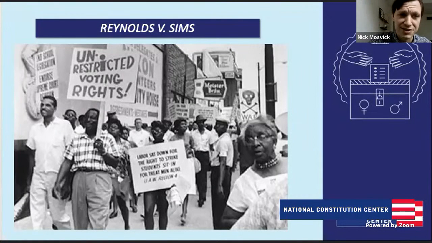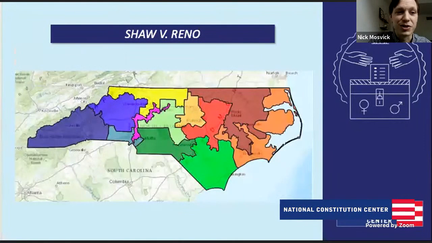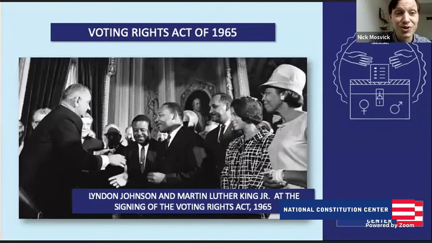There's a series of other cases, including Baker versus Carr, which has to do with the ability to sue constitutionally for the drawing of voting districts, right? That's something that the Supreme Court can essentially take a case over, which Shaw versus Reno emerges out of as well.